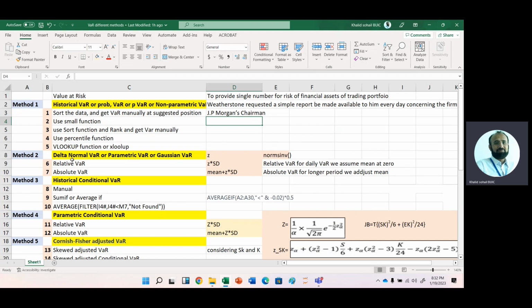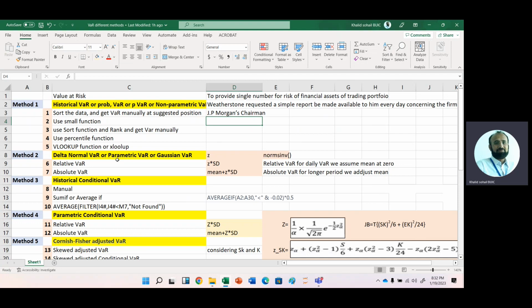Now, the second method is called the parametric approach, and it is also called the delta normal method or Gaussian value at risk or Gaussian method because it is based on the normal distribution. If we want to calculate it manually, then we should have a z value at the 5% level of significance, that is 1.96, or we can get it with the help of the NORM.S.INV function in Excel.